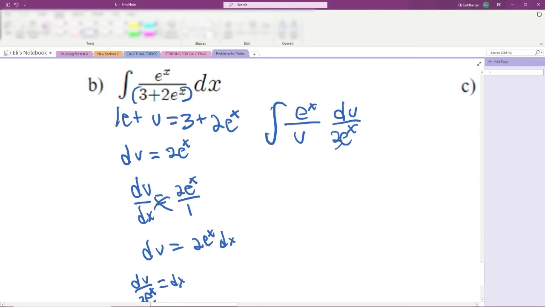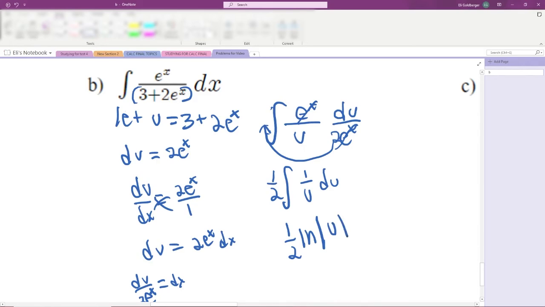And as you see right away, the e to the x's can cancel out, and this 2, or 1/2, can go to the front. So now we have 1/2 multiplied by the integral of 1 over u du. And think, the derivative of what gives you 1 over u? That's the natural logarithm. So 1/2 times the natural logarithm of the absolute value of u plus c.